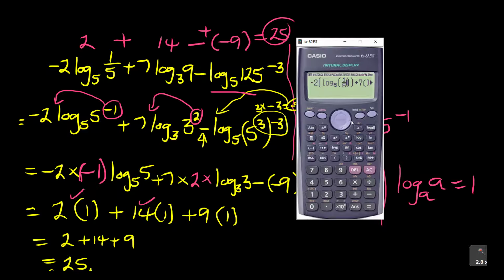-2 bracket log 5 of 1/5. I don't see the error here. I opened and I closed. Maybe the problem is that. Let me put a times there. I'm still getting an error.